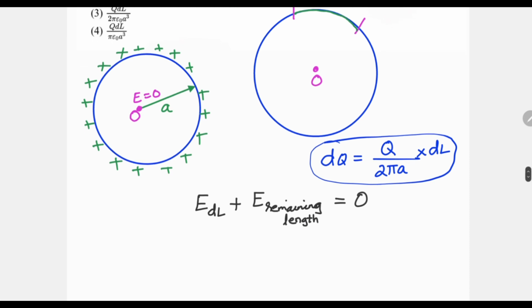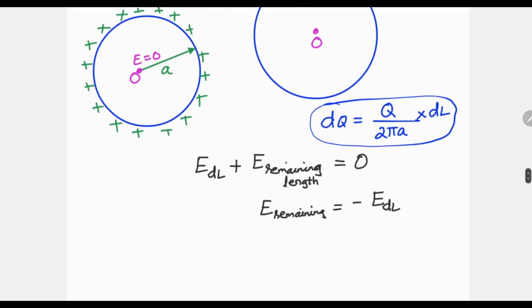Now you removed a small portion, and in this question, they are asking to find electric field due to remaining length. That means electric field due to remaining length is equal to minus of electric field due to that small length dl. Now, electric field due to that small length dl can be easily calculated as 1 by 4 pi epsilon naught into dq by a square.